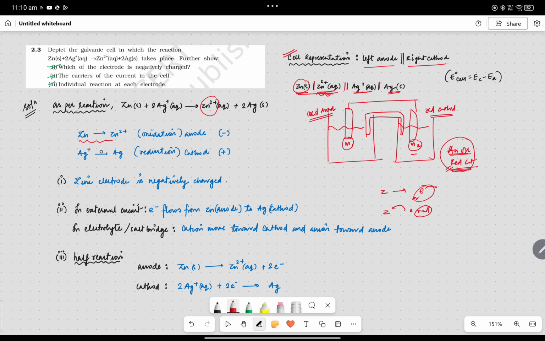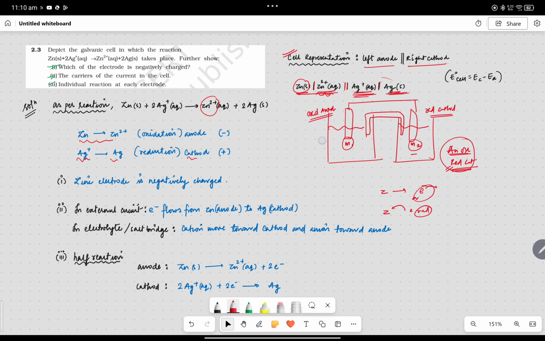Then at the cathode, reduction is occurring, and there I have Ag+ aqueous going to Ag solid. That way you write the electrolyte then the metal, right? Simple. Cell representation clear. It will come in the exam.